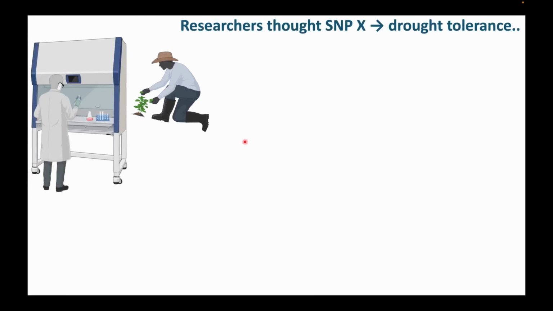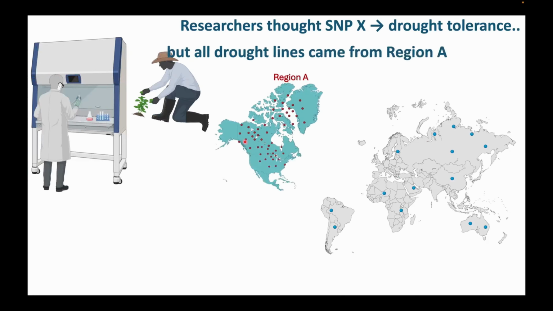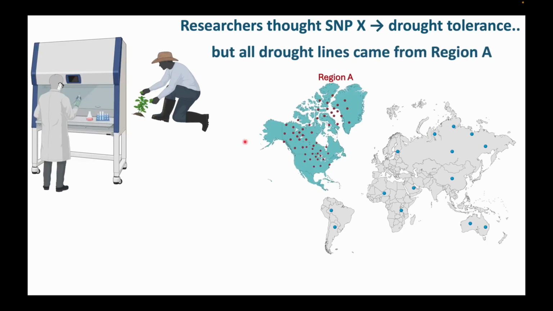Now let's consider this example. Researchers thought they had found a single nucleotide polymorphism, here we call SNP-X, that controls drought tolerance. But later, they found that all the plants or lines that were drought tolerant only came from the same region.